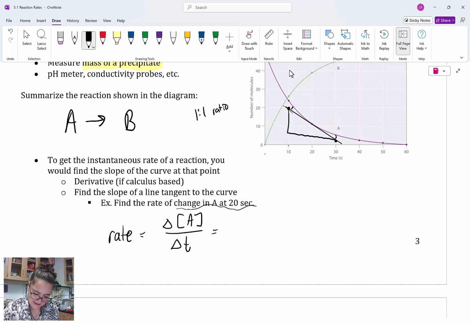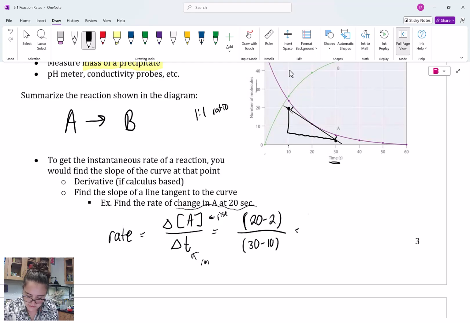Okay, so that A, again, that's our number of molecules. So that's our rise, and the delta T is the time. That's our run. So we have, it goes from 20 to about 2 in 30 to 10 seconds. So about 18 molecules in 20 seconds.